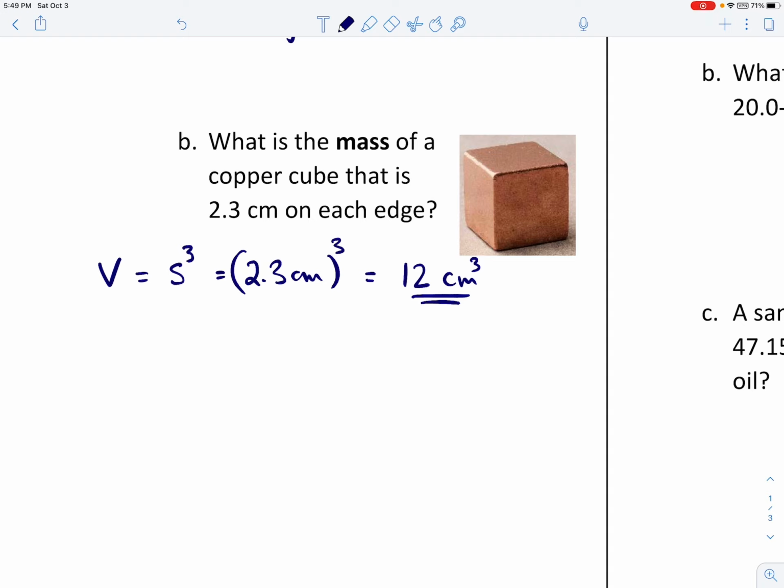Now that I have the volume, we can set up a unit multiplier starting with the volume, 12 cubic centimeters, and we could use that density again, but this time we want to get rid of cubic centimeters, so we put that in the denominator, and we want to find grams, the mass of the cube, so that goes in the numerator.